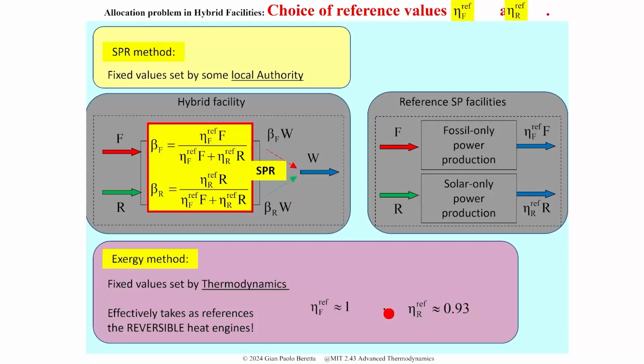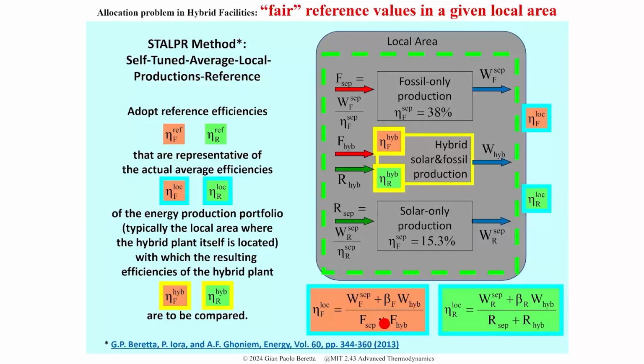It is better to use as references something fixed, or again something based on a local area, so the average values of the partial efficiencies in the local area. So that again here you could argue that those who deserve the economic incentives are only those who improve somewhat on the average usage of those resources in the local area.